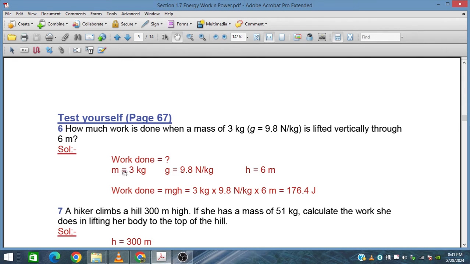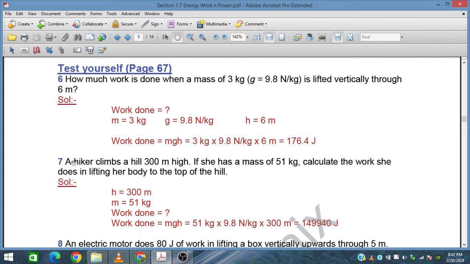The mass is given as 3 kg, g is 9.8 newtons per kilogram, and the height is 6 meters. Work done is equal to mgh, that is 3 kilograms times 9.8 newtons per kilogram times 6 meters. The kilogram will cancel, and newton meter is joules. So we multiply all these and we have 176.4 joules.